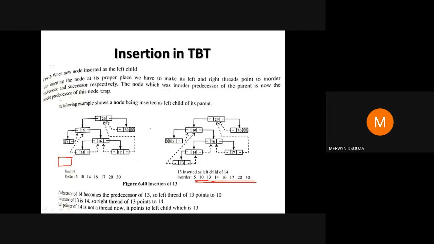Since we are adding one node here, only this pointer will get changed. Since we are adding 13 as the left child of 14, you get one solid pointer from 14 to 13. And then you replace the left pointer of 13 with the in order predecessor and the right side of 13 with the in order successor, and that you find out from the in order traversal.